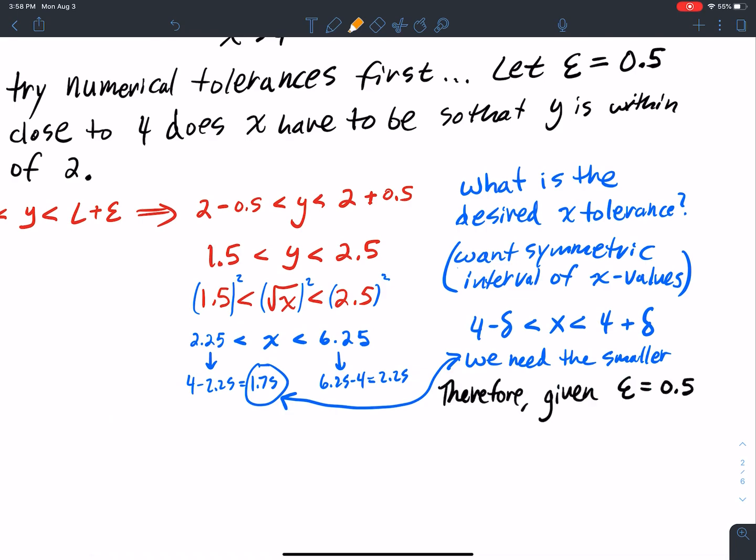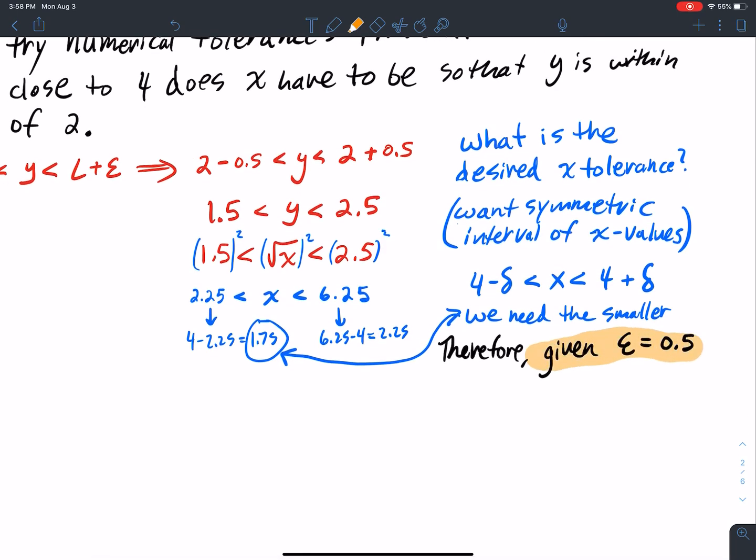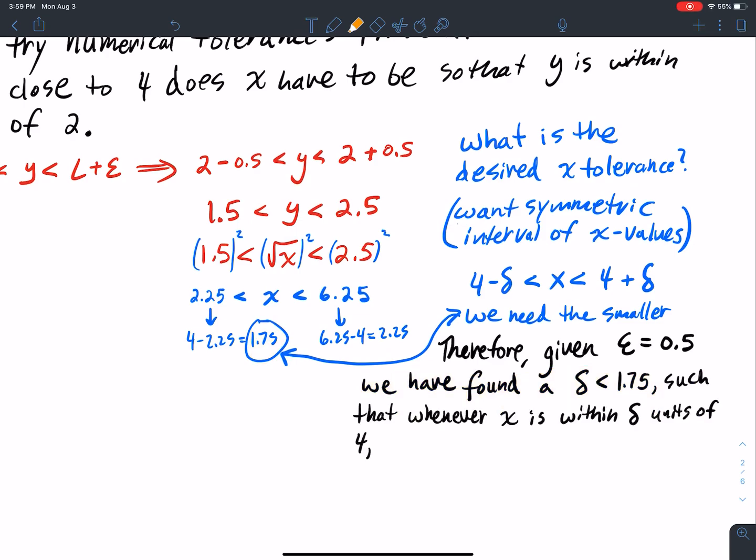Therefore, what do we know? Given some epsilon equal to 1/2, we have found a delta that's less than 1.75, such that whenever x is within delta units of 4, with our delta equal to 1.75, then y is within epsilon units of 2.